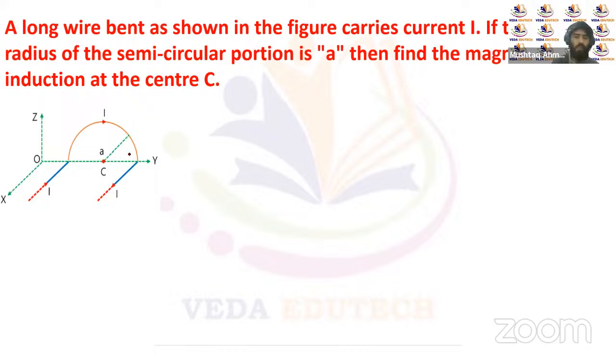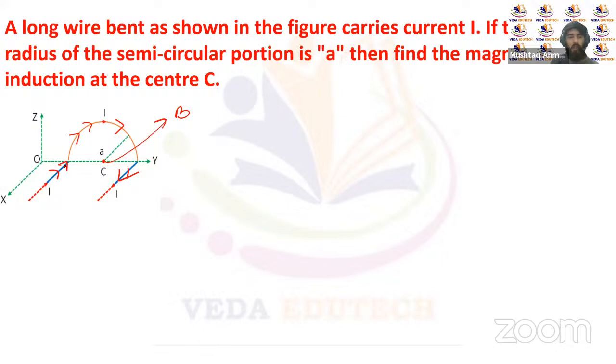So we have to find the net magnetic field at the center of the circle. The net magnetic field here will be the magnetic field due to this circular arc and the magnetic field due to these two wires. Each of these is a semi-infinite wire.